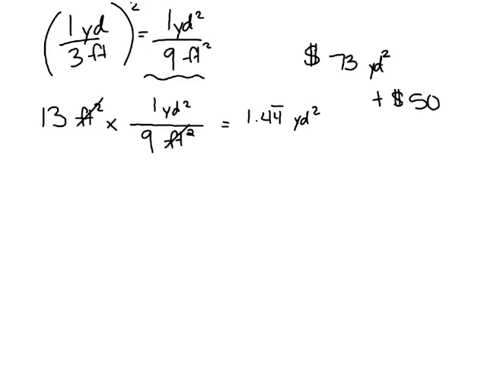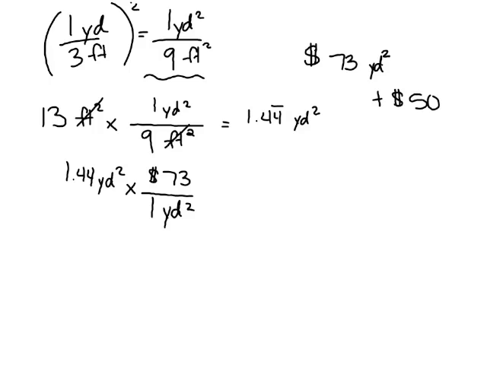So let's figure it out. How much do I need? 1.44 square yards. How much is it per yard? $73. So I would put 1 square yard equals $73. Does that make sense how I wrote that?